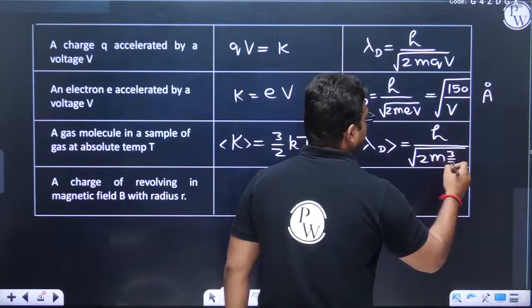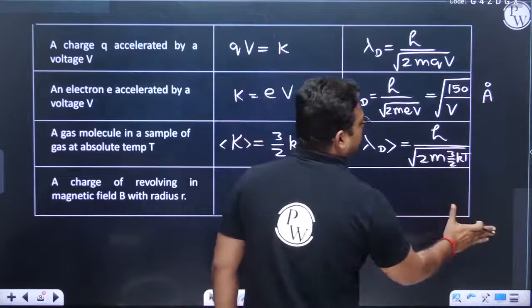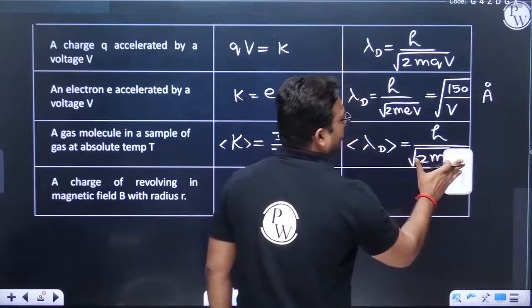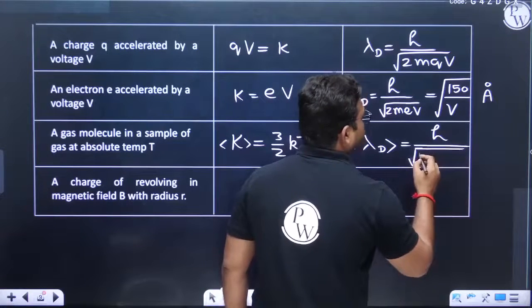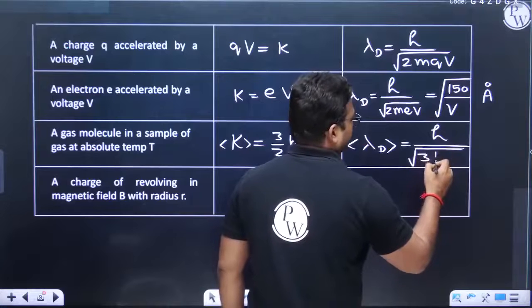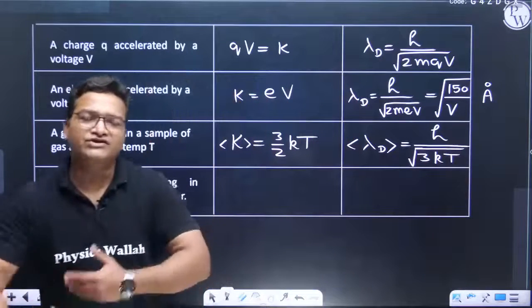The 2 cancels out, and it becomes h divided by the square root of 3 m times Boltzmann constant times T. So this may be a variation in a question.